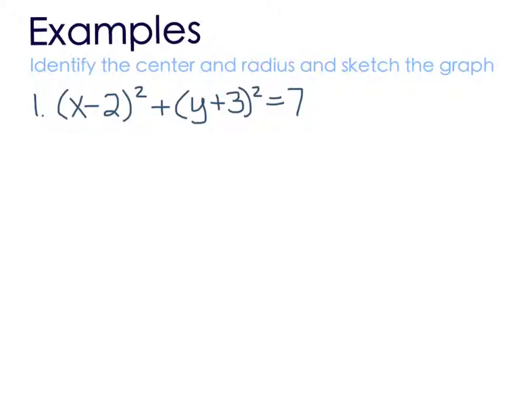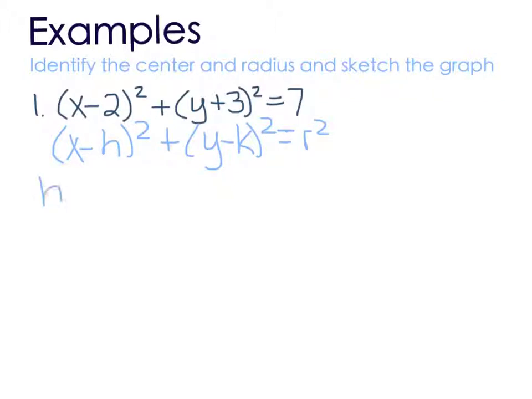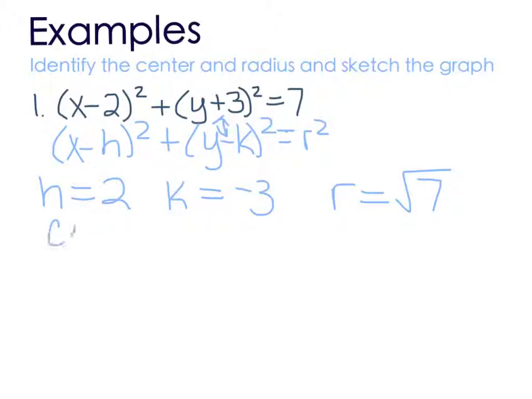So all we have to do is set this up next to our standard equation that we already know, and it's on your formula chart, (x minus h) squared plus (y minus k) squared equals r squared, which means that h is 2, and k is, since the signs are opposite, k is negative 3, and your radius, if r squared is 7, then the radius is the square root of 7. So our center is at (2, negative 3).